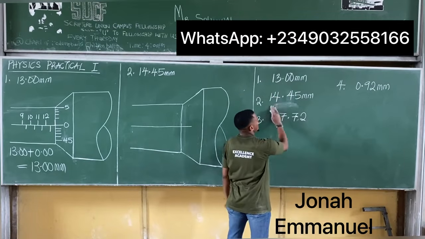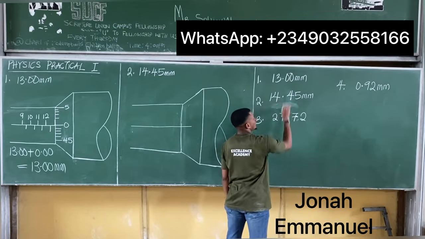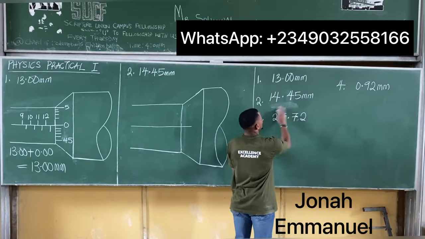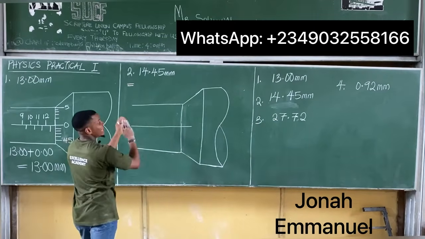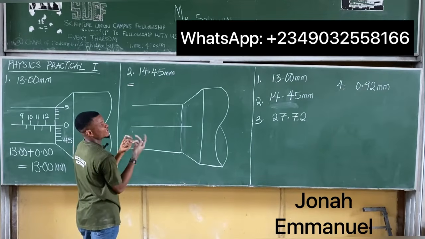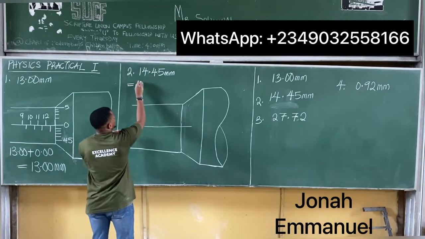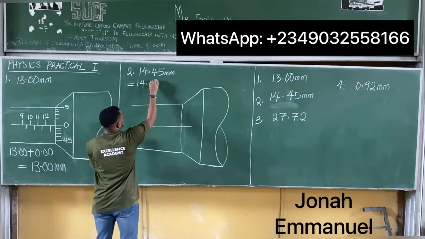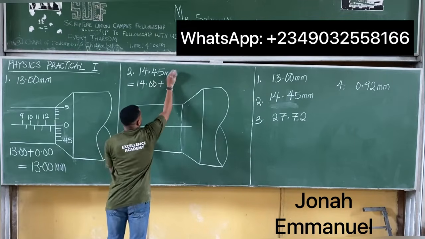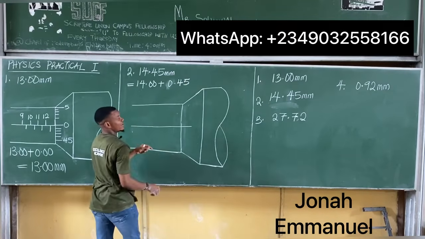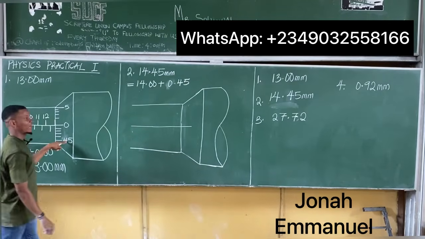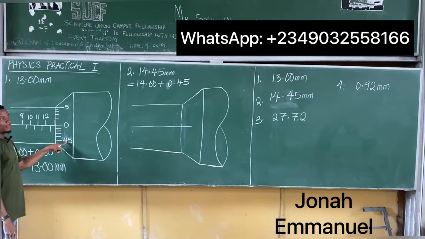So what do I do here? I advise that your first task would be to break it down into two components before you start plotting. This one here should be 14.00 plus what there? 0.45. These two are within the limit. My highest was 0.45.